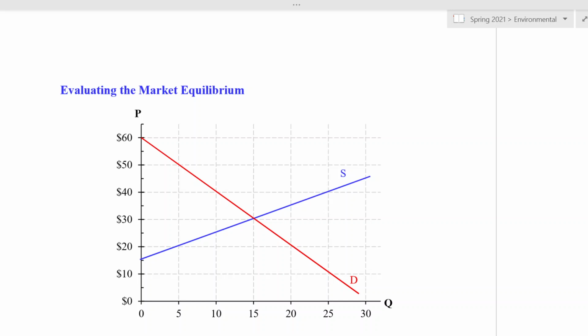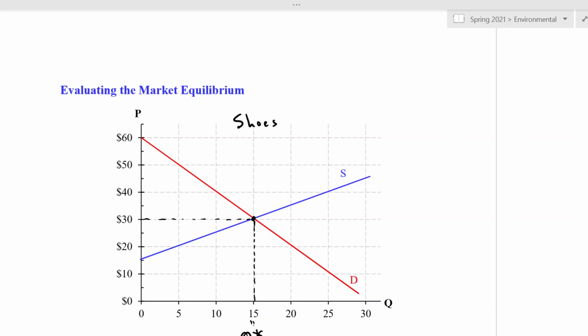Okay, in a market, remember where we end up is the equilibrium price and quantity, which is here. So this allocation of goods, we can stick with the shoe market from the previous video. This allocation of goods has an equilibrium quantity of 15.